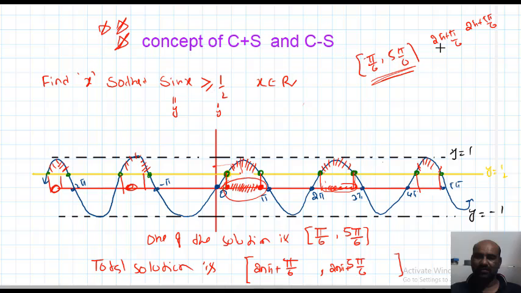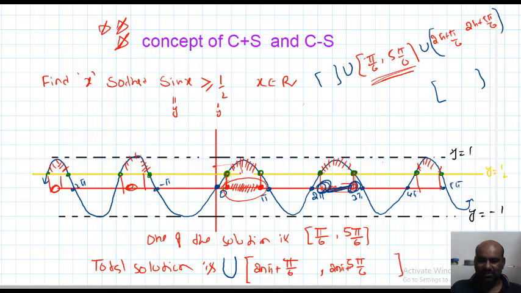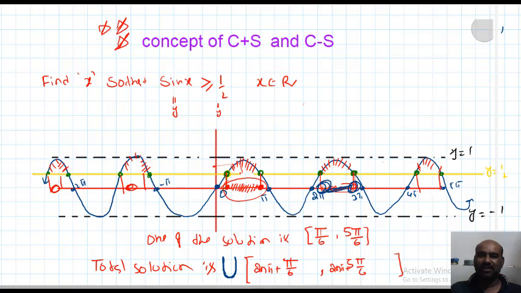If n is taken as 1, you get this interval. Next, take n = 2, you get this interval. n = -1, you get this interval. n = -2, another interval. Now you want to make all the unions. That's why you need to write one big union here. So this is the final solution of the problem. Big union says that you need to union all the intervals.